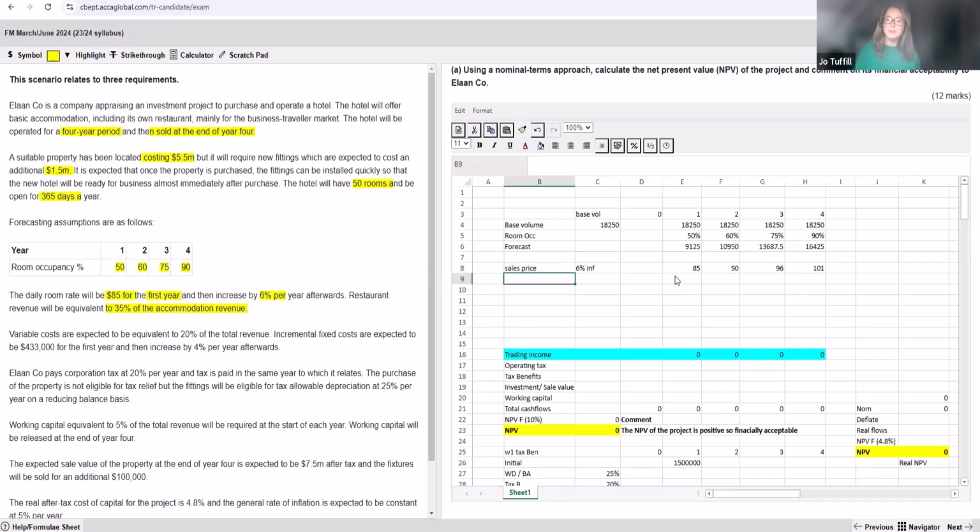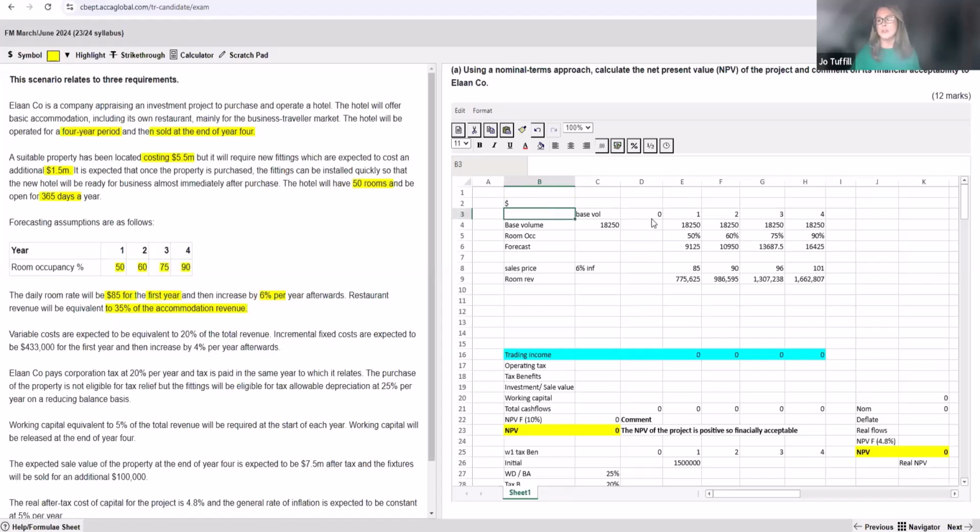So therefore, we are now going to multiply to get the room revenue. You'd be forgiven for thinking you're doing a PM exam, by the way, everybody, but you're not. You're doing an FM exam. And therefore, we get nice figures like that. Again, I just put it back into a nice format so I can see it clearly. I'm doing everything in dollars and not rounded thousands because I just think it's easier.